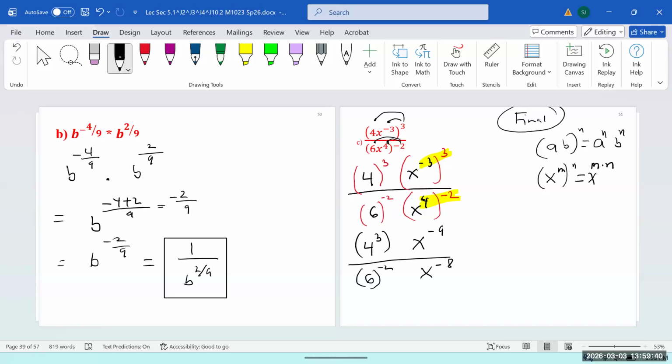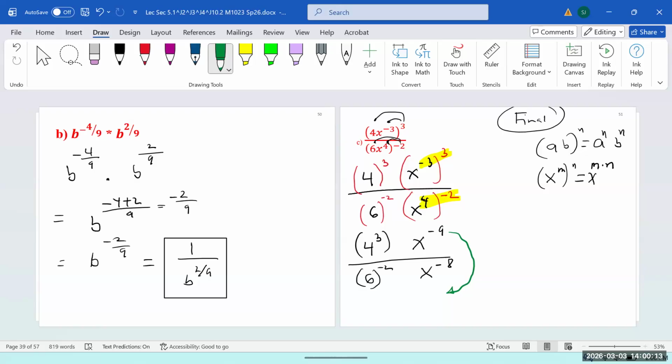And now do not do anything until you see all the negative powers are gone. We hate negative powers just like we hate denominators. So the simpler trick is switch their position, move them around, and then all the negatives will turn into positive. We have a negative 9 here. Bring it down on the denominator. It will turn into positive x to the 9.